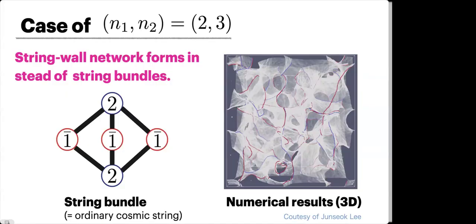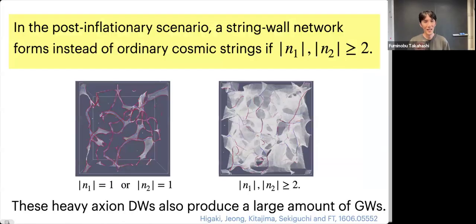Yeah, or you could say that in the case of n1 equals 1, domain walls are bounded by just a single string. And in the case of n1 or n2 greater than or equal to 2, you could bound the domain walls by a set of strings, not a single string, but some structure is needed.